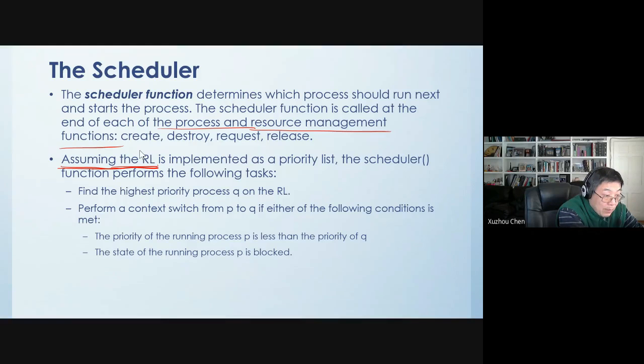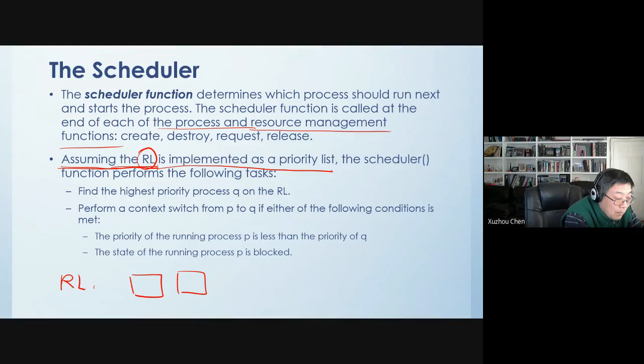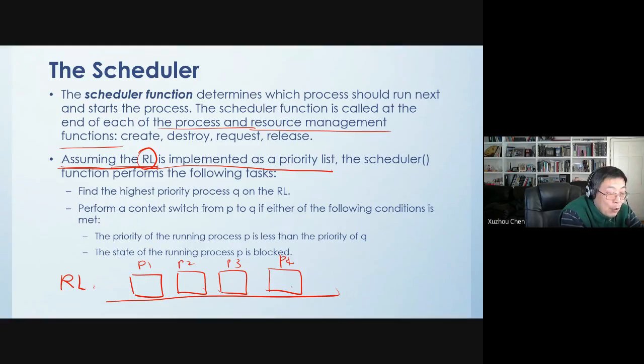Now we assume that the ready list is implemented as a priority list. So you have process 1, process 2, process 3, process 4. These are in the ready list. Okay, these processes are all ready to be executed.